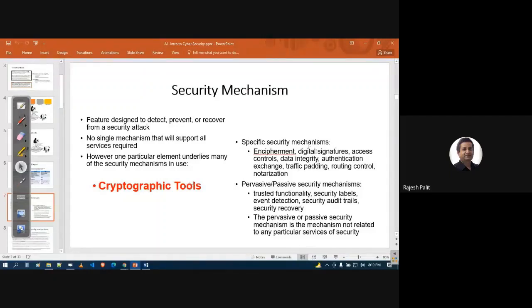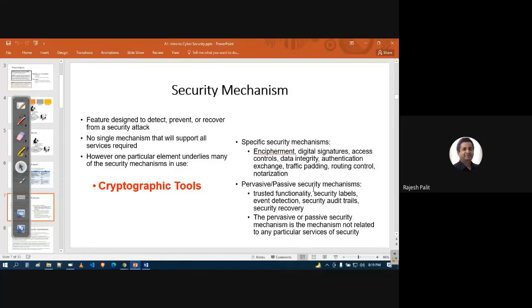So what are the security mechanisms? Encipherment, digital signature, access control, data integrity, authentication exchange, traffic padding, routing control, and notarization. These are the security mechanisms.